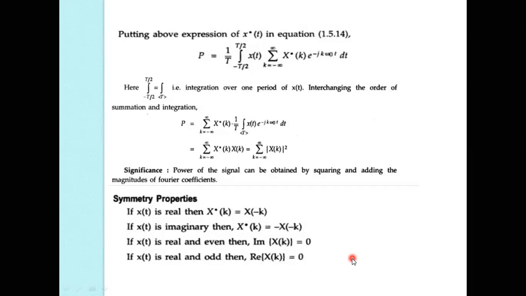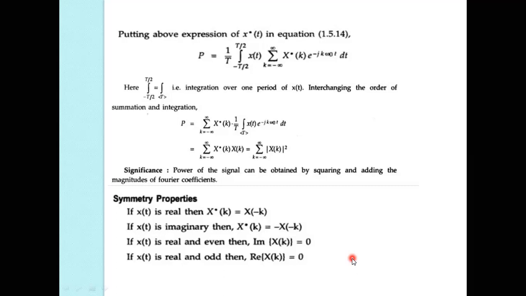Or if they ask you to prove the linearity property of the Fourier transformation, you have to do it with the Fourier transformation only. The proof is the same for the Fourier series and Fourier transformation, and also for the last 2 units, that is the Laplace transformation and the Z transformation. As per the R16 syllabus for third year students, but for second year students it is both the same.